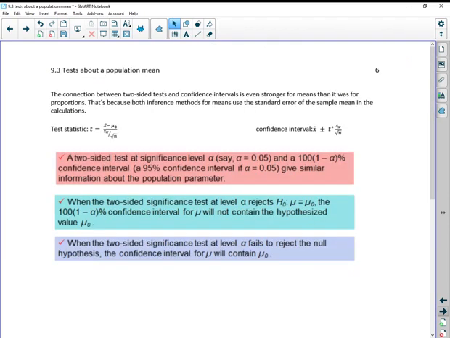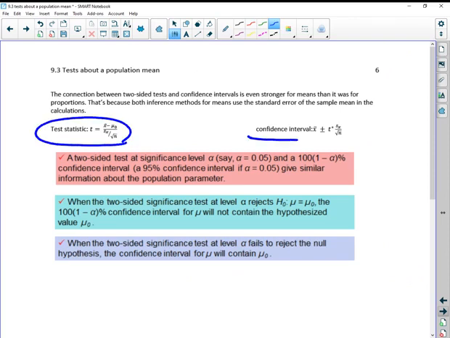And on the next page, it basically says that if you have your test statistic T, you've got your confidence interval based on a critical T value that varies along with your degrees of freedom. The two-sided test at a significance level alpha is going to give similar information between your test and your confidence interval.